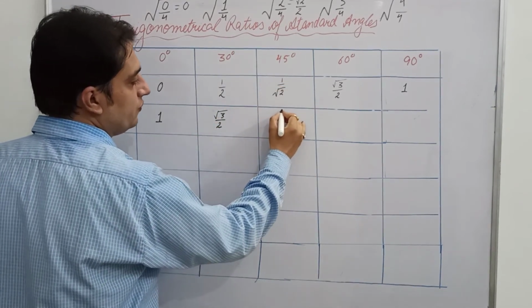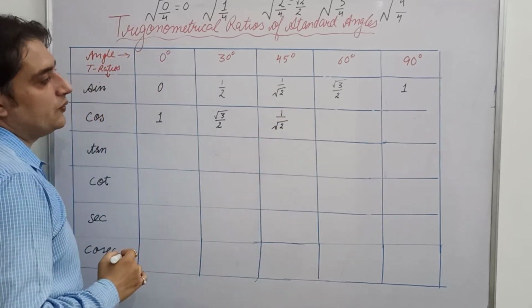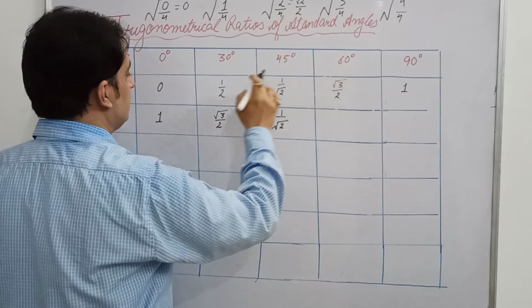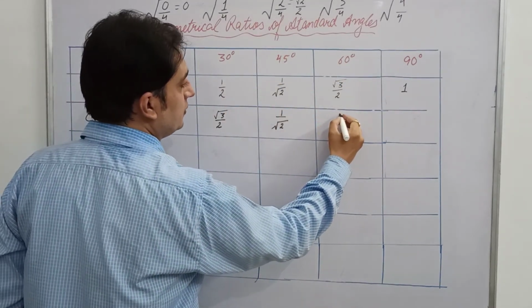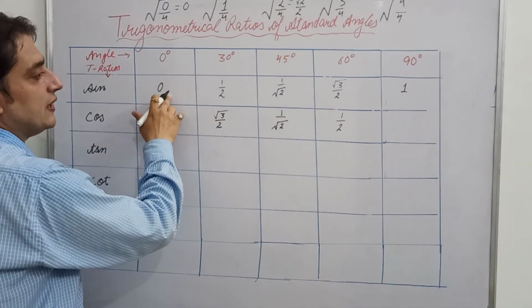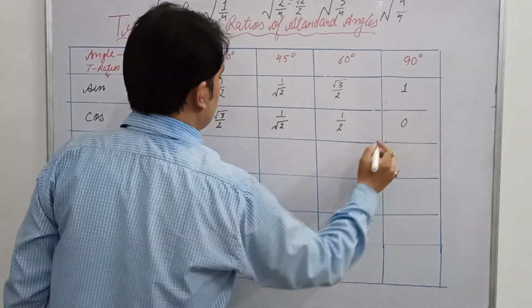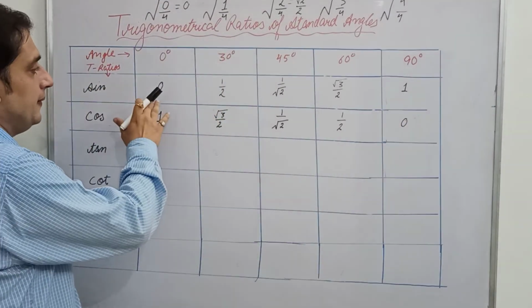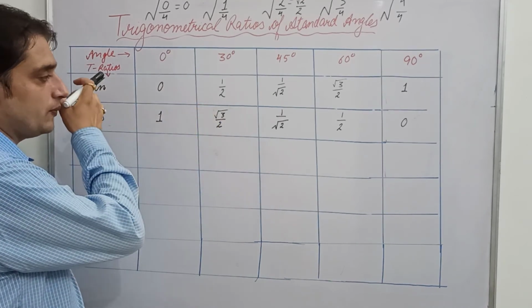Sine 45 and cos 45 both have the same value, which is 1 by root 2, and the value of sine 30 will become the value of cos 60 degree, and the value of sine 0 will become the value of cos 90. So you can just remember the values of sine for solving many problems of trigonometry.